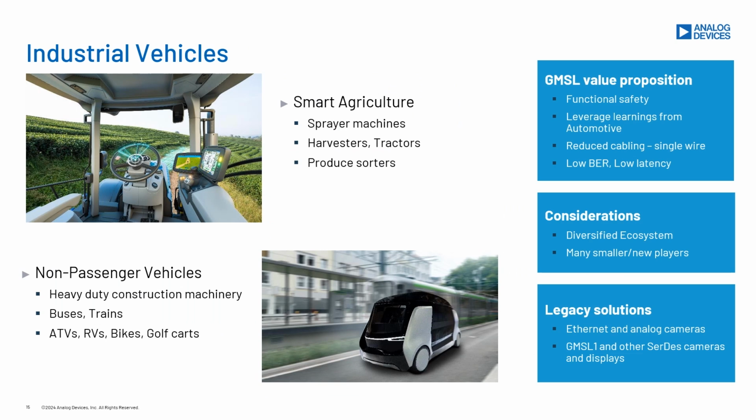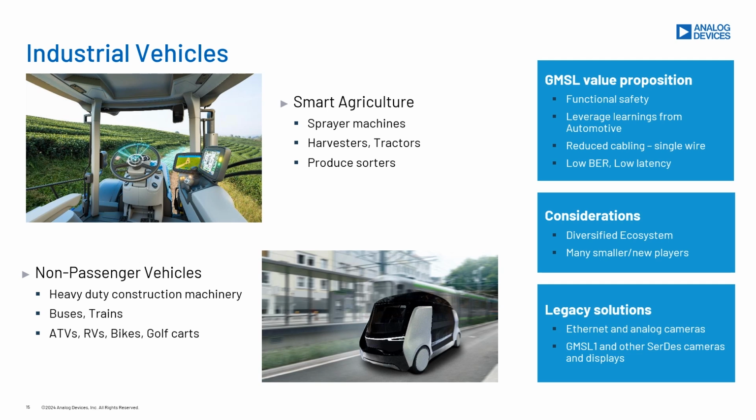The next category is industrial vehicles. These are vehicles that are not usually considered automotive, but for most of the use cases, they have similar requirements as automotive or passenger vehicles. This includes smart agriculture machines, for example, sprayer machines, harvesters, tractors, and produce sorters.